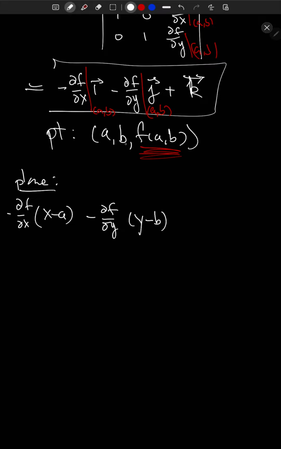And then the last one is going to be plus 1, because the coefficient of the k is 1, times z minus f of a, b. Sorry, I guess I got a little ahead of myself there. Plus 1 times z minus f of a, b is equal to 0. All right.